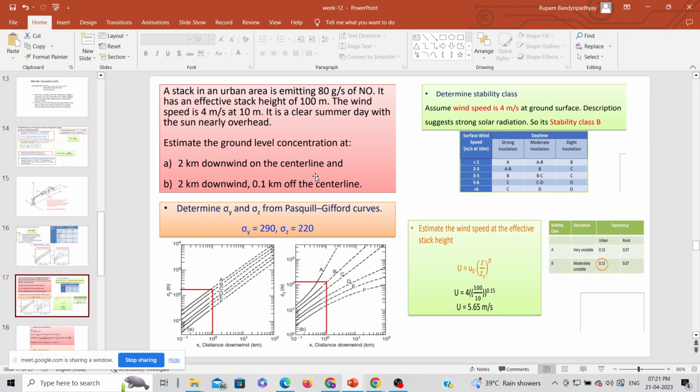This is one simple numerical problem to understand the Gaussian dispersion model.